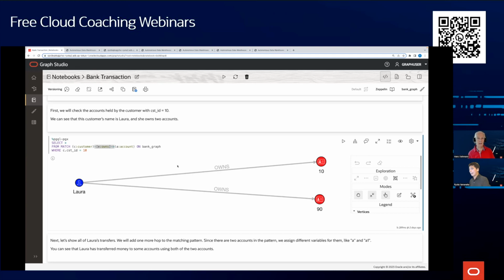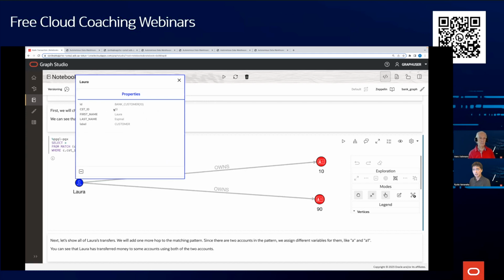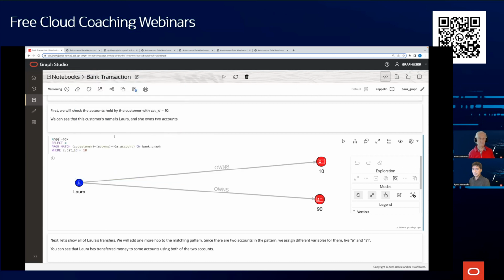So the result will be like this, because customer ID should be 10, and customer ID 10 has first name Rora and last name Espinal. So customer ID 10 is Rora, and Rora owns two bank accounts: bank account 10 and bank account 90.